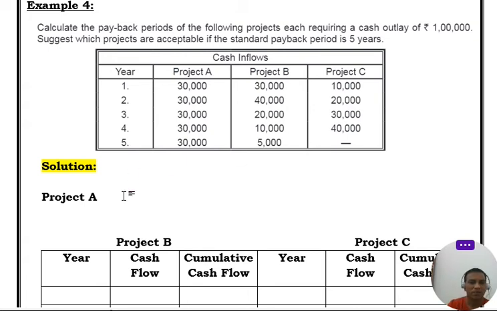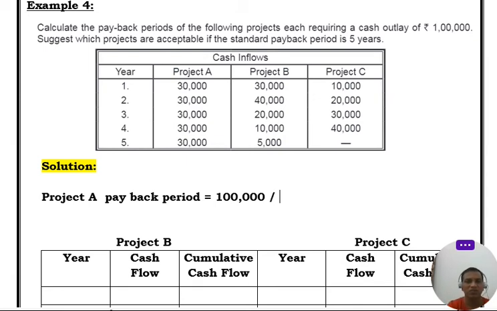Let me see. Project A payback period is simple. What is the formula? Initial investment, cost of the project 100,000, divided by annual cash flow. The cash inflows are given directly.